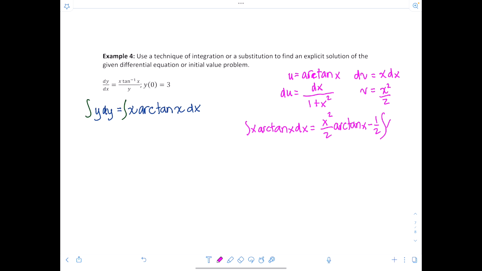V will be x squared. The over 2 is taken care of by that 1/2 on the outside. And then times dx over 1 plus x squared. So this will be x squared over 2 arc tan x minus 1/2 times the integral of.